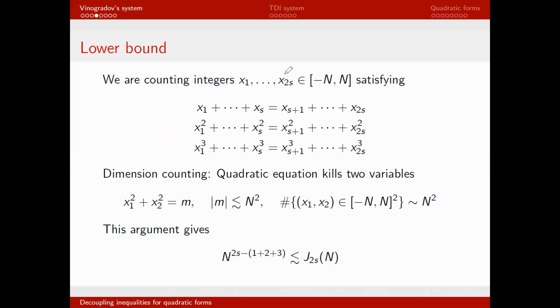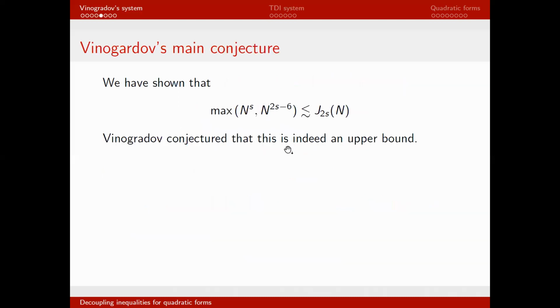So to summarize, we start with 2s many variables, and these equations share some degrees of freedom. By this dimension counting argument, we get this lower bound. So we have proved this lower bound.